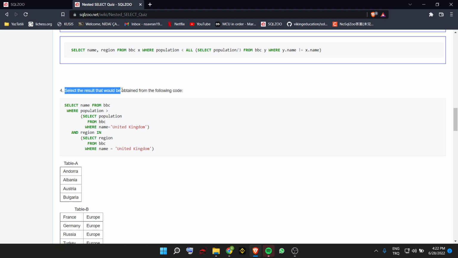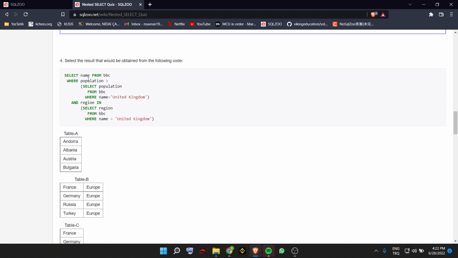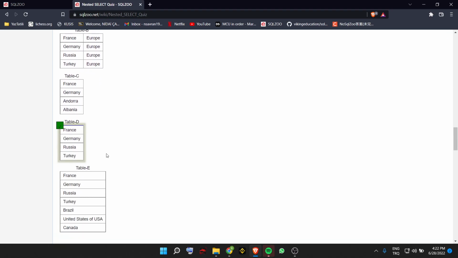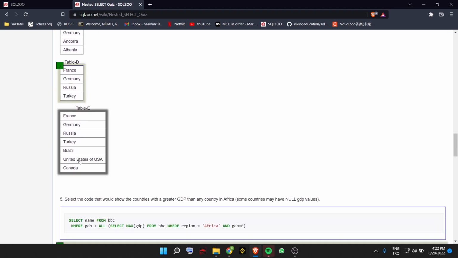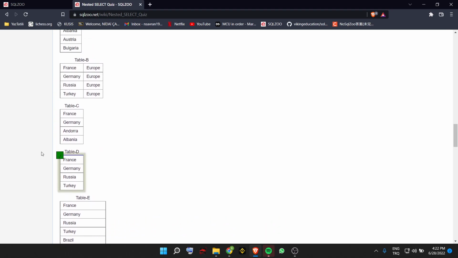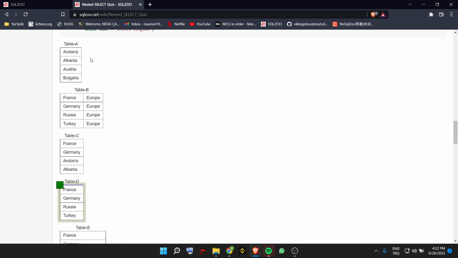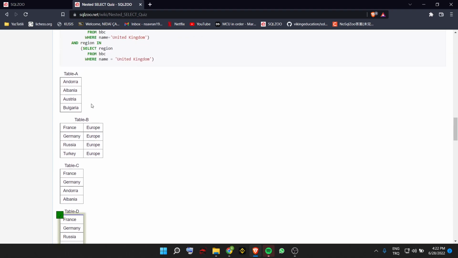Select the result that would be obtained from the following code. It says population is bigger than population of United Kingdom, and it should be in the same region as United Kingdom, and we should select only name. So B cannot be the answer, and USA is not in Europe. Andorra, Germany, France, Andorra, Albania, Austria, Bulgaria.